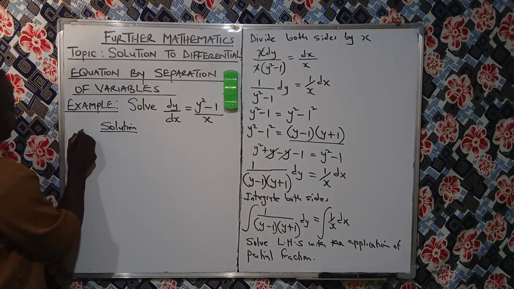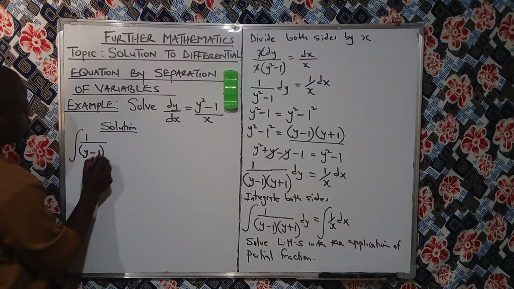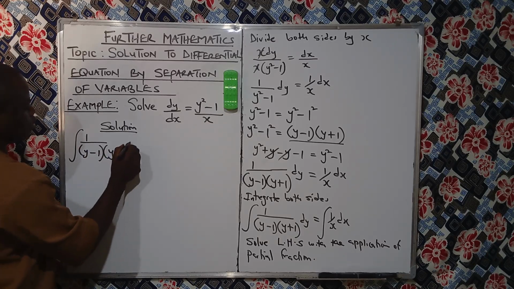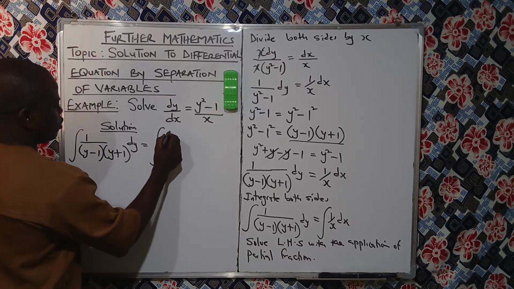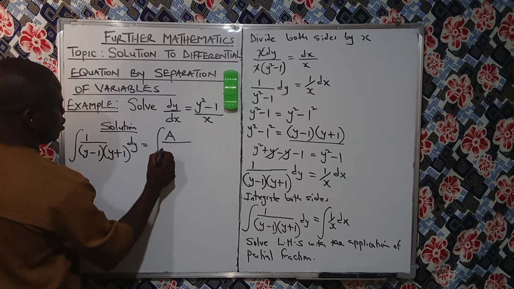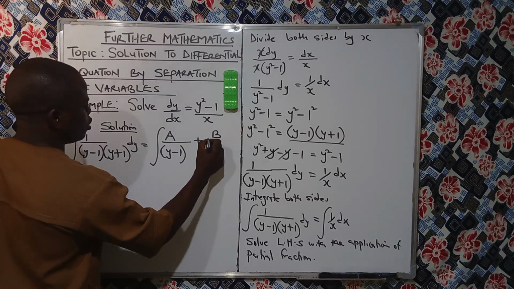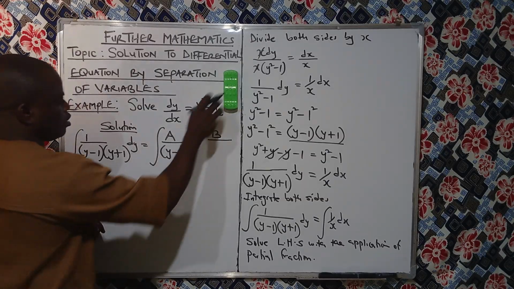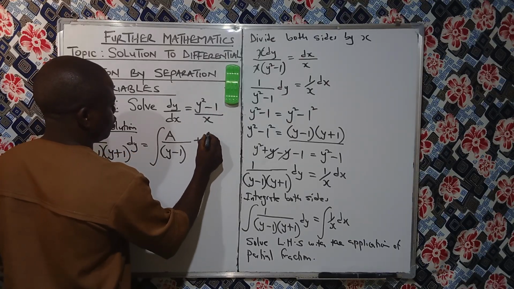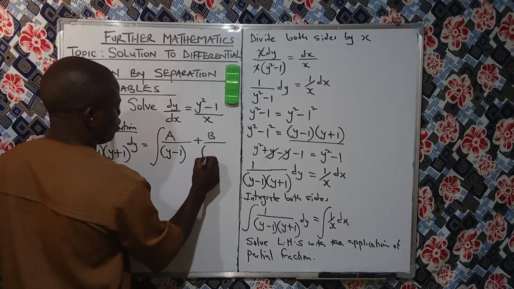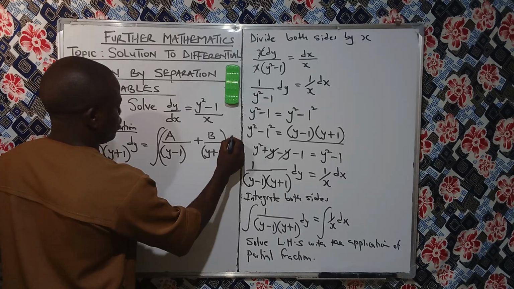Now I have the integral of 1 over y minus 1, y plus 1 dy equals the integral of a over y minus 1 plus b over y plus 1 dy.